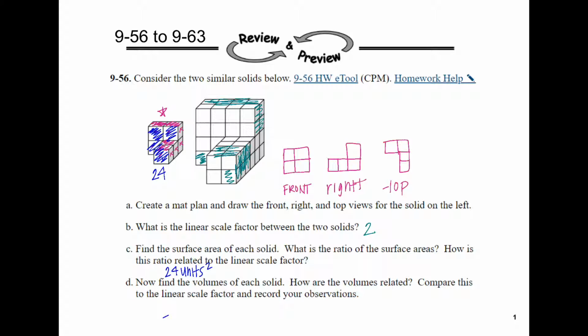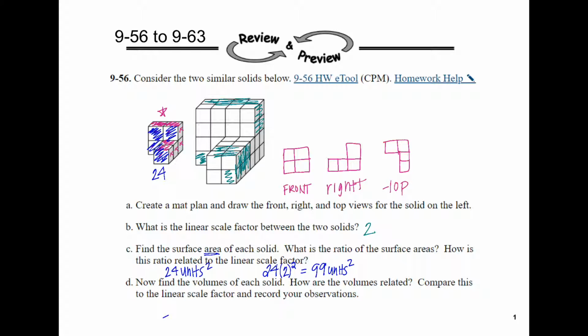Looking at our larger surface area, remember our linear scale factor is 2, so when we're talking area, you need to square the 2. So 24 times 2 squared would be 96 units squared for our larger solid.